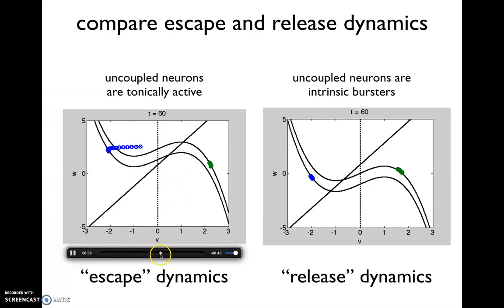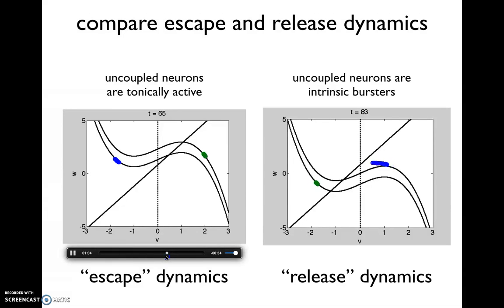And so what you'll notice here, if I stop this movie, is that the blue neuron is on the lower nullcline, and the reason for that is because the green neuron is to the right of the dashed lines. So this is the green neuron being active, which implies that the blue neuron needs to be on the lower nullcline.